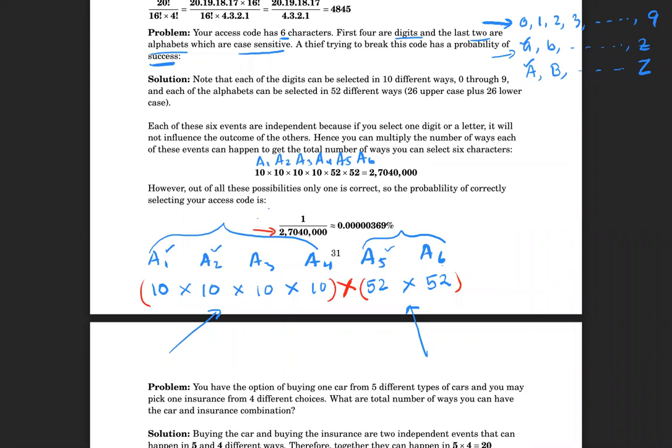If you do that, you get 27,040,000. So there should be about 1 in 27 million chances.